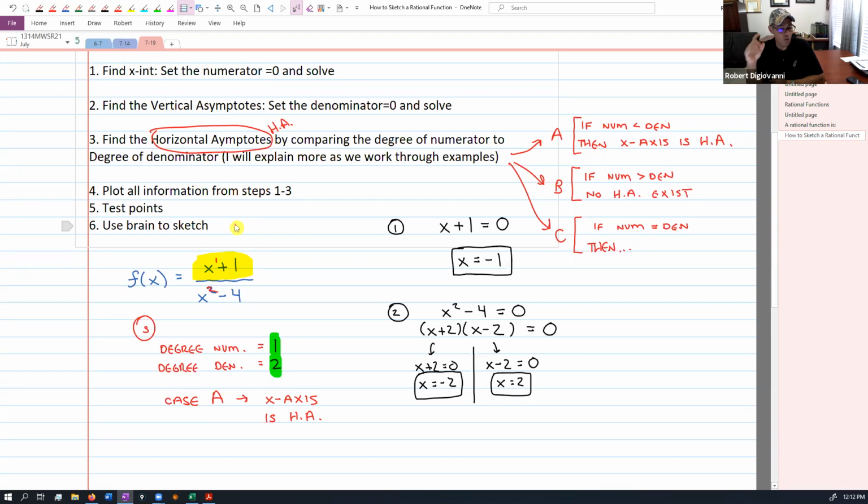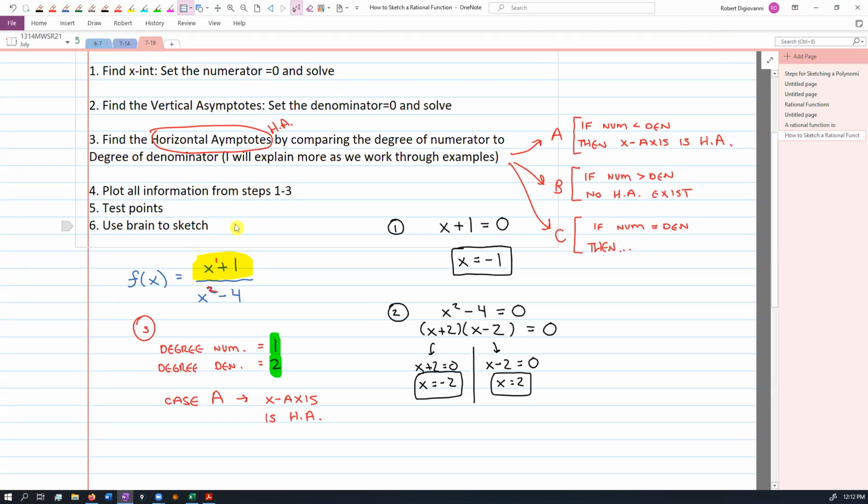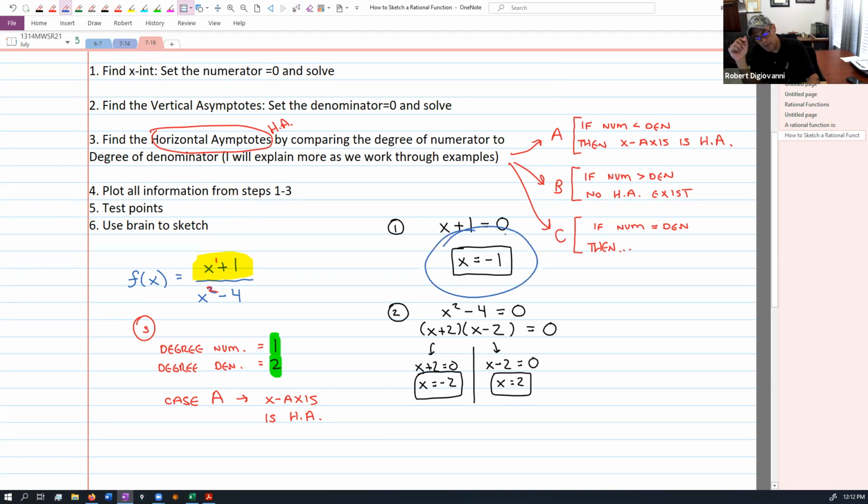So Katrina, what was step 1? What were we finding in step 1? The X-intercepts. So right here, this step 1, that's an X-intercept. Those are points on the X-axis. Right? That's what that is.